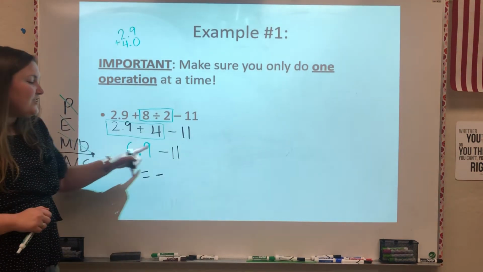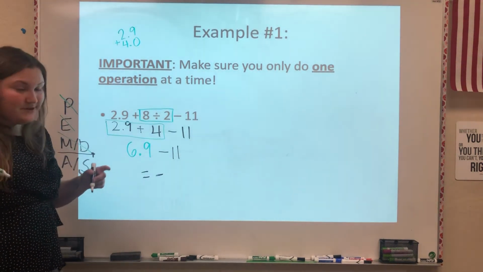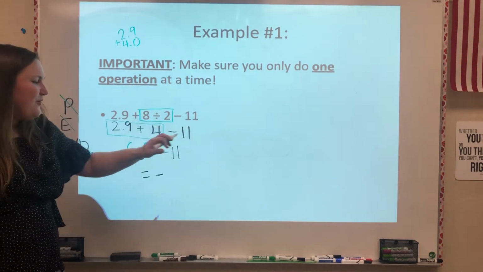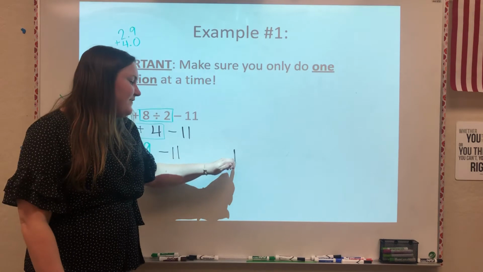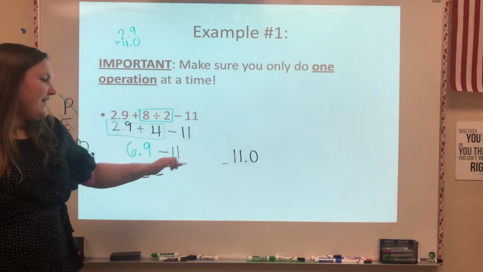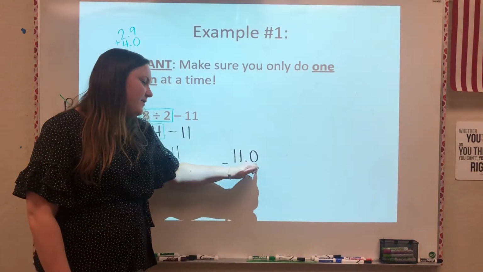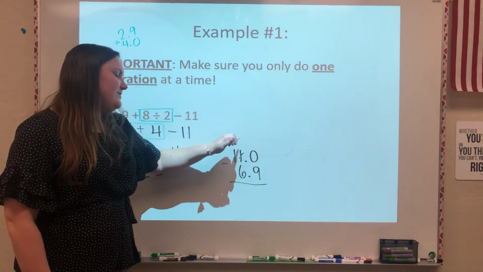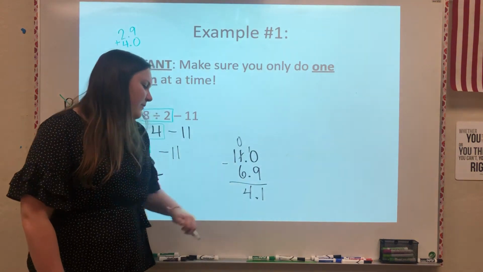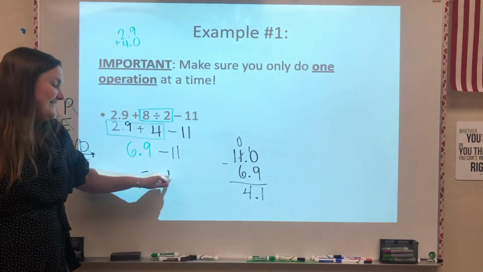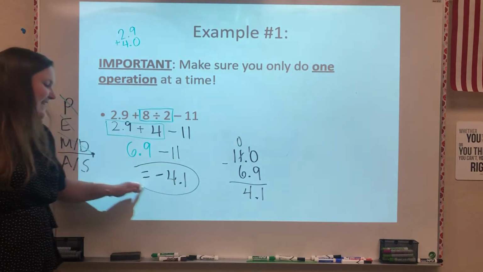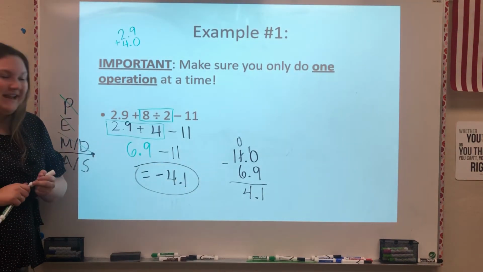Now, when I actually go to subtract these, you can do it in your head, but if that's too much math to do in your head, write them off to the side. Make sure for subtraction you're always putting that larger number on top and subtracting the smaller number. When I do that, that's going to give me 4.1, and my 4.1 is negative because I am subtracting the larger number. So I get negative 4.1 for my answer.